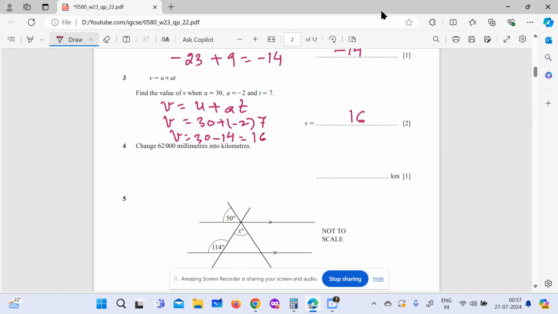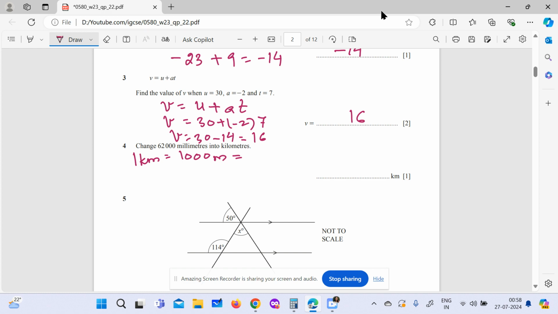Now change 62,000 millimeters into kilometers. Okay, so we go step by step for this. See how we do this. You already know 1 kilometer equals 1000 meters, right? This can be converted into centimeters by multiplying by 100.